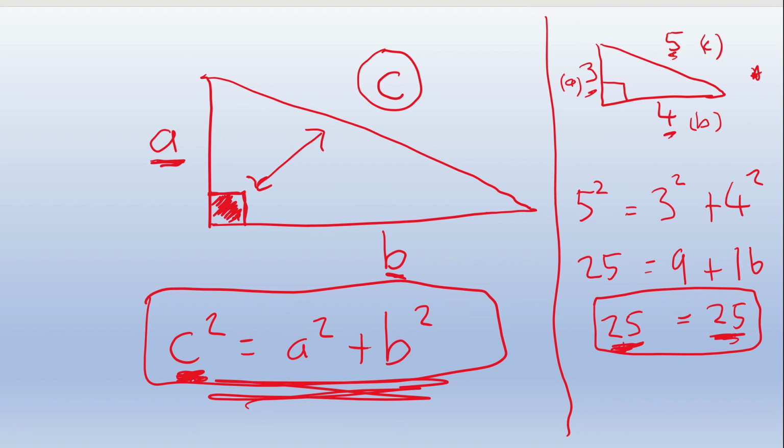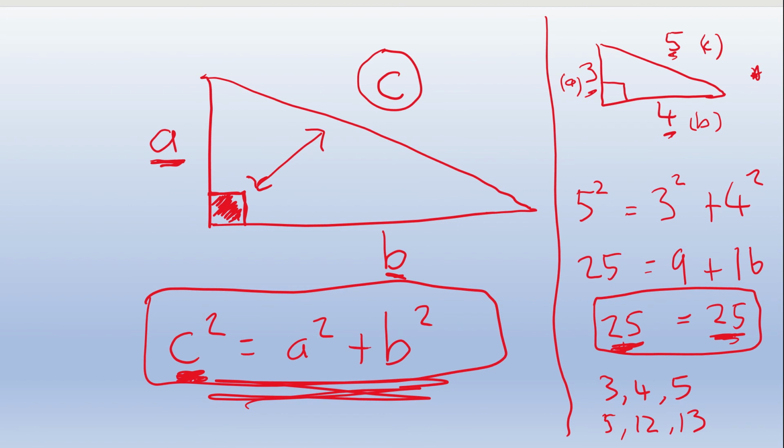If you have three numbers that fit in, they're called Pythagorean triples. So 3, 4, 5 is the most popular, the most famous Pythagorean triple. But 5, 12 and 13 is also one, and there are loads more of them as well.